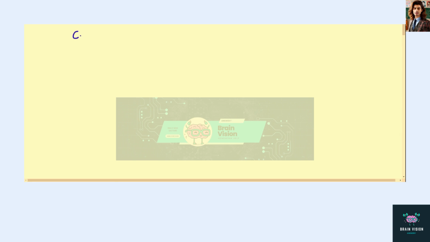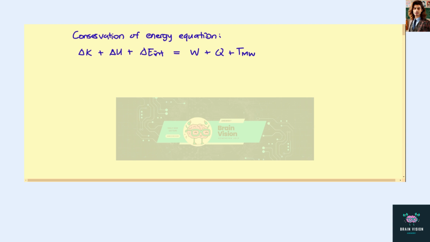We want to find the appropriate equation 8.2, the conservation of energy equation, for four different situations. Our conservation of energy equation is delta K plus delta U plus delta E internal equal to work plus heat plus the transfer of energy through mechanical waves plus the transfer of energy through matter transfer plus the transfer of energy through electrical transmission plus the energy transfer from electromagnetic radiation.